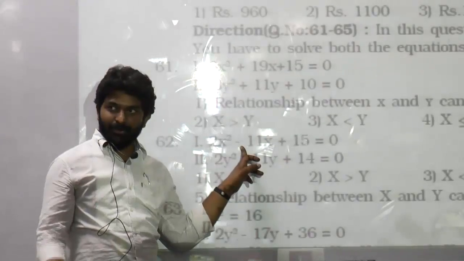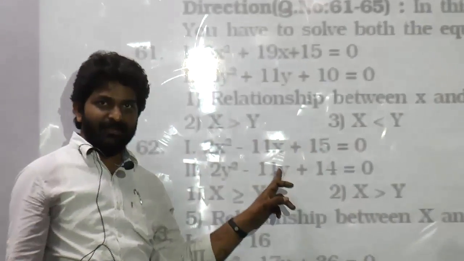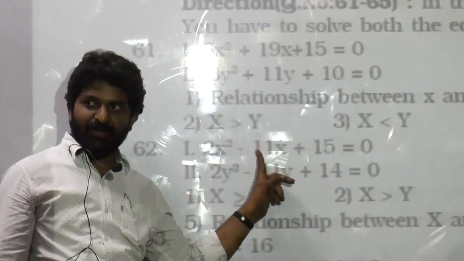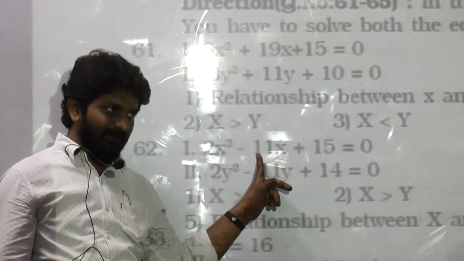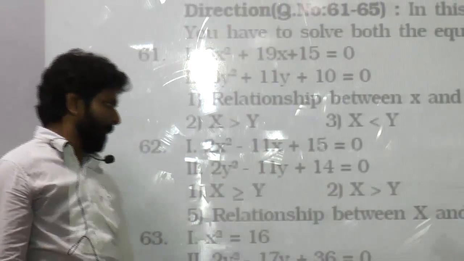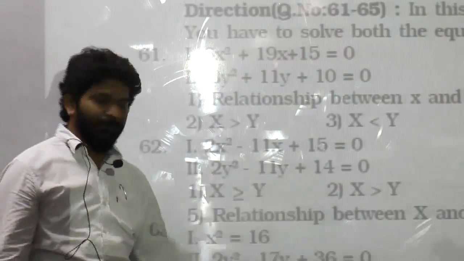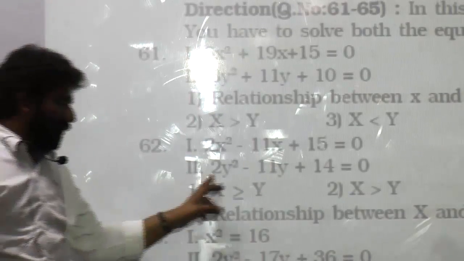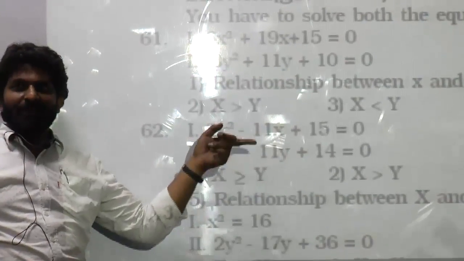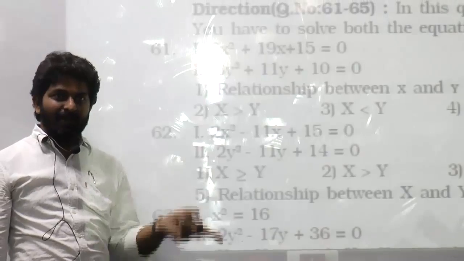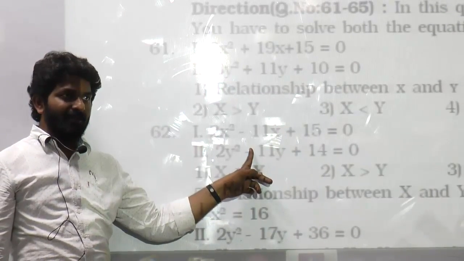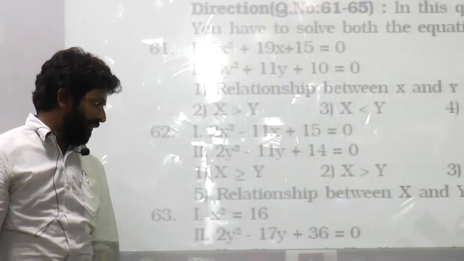This is a negative number, product should be positive. Minus 6 minus 5. Sum is 11 but product is positive 30. 2 14s 28, 7 into 4. Minus 7 minus 4. Sum minus 11 but product is positive 28.